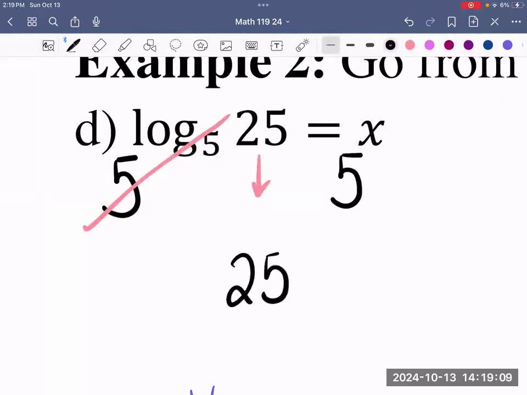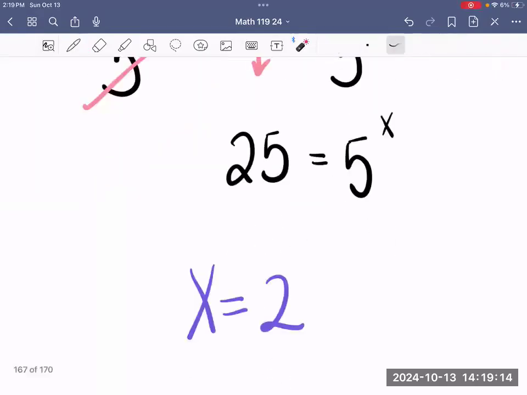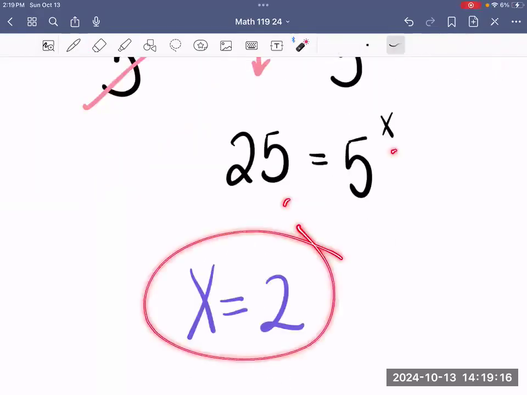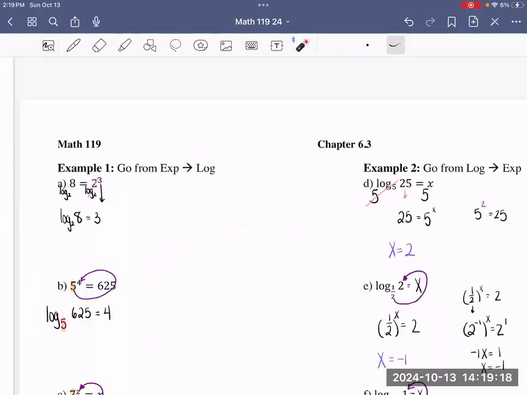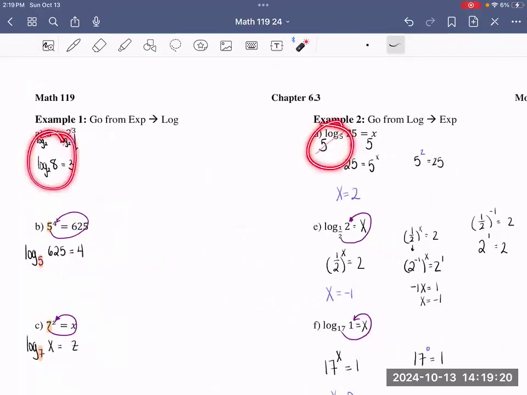So I'm at 25 is equal to 5 to the x, which means x, again, has to be equal to 2. I'm a huge fan of writing it in this method, rather than my swoop method, because it actually forces you to write the word logarithm on all of these, or being raised to the 5th power. But it's up to you in terms of which method you're going to like.